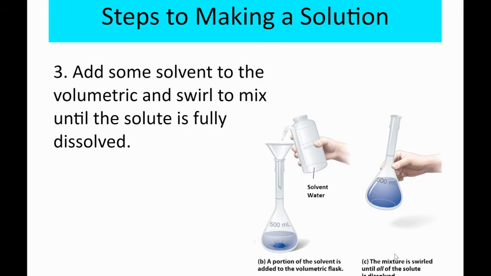Then you add some solvent to the volumetric and swirl to mix, making sure that the solute is fully dissolved. We use a volumetric flask because it's easy to swirl and not lose any of our solution that is present. It's specifically designed for the task so that we can get the solute to dissolve in.